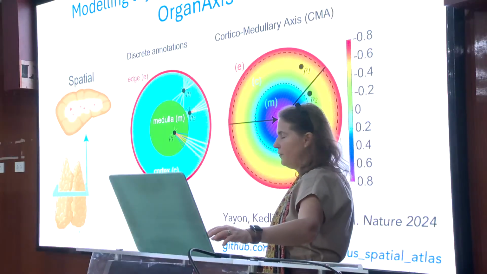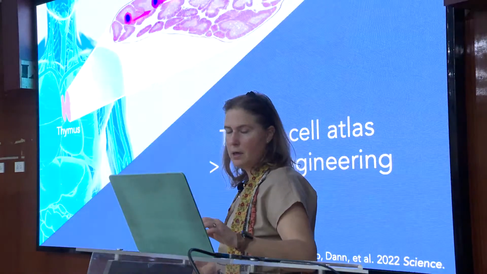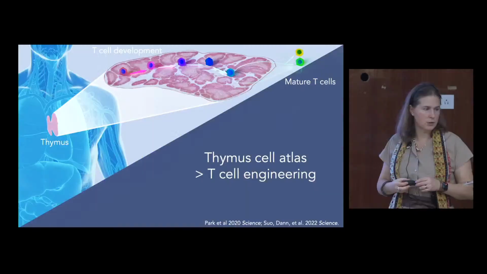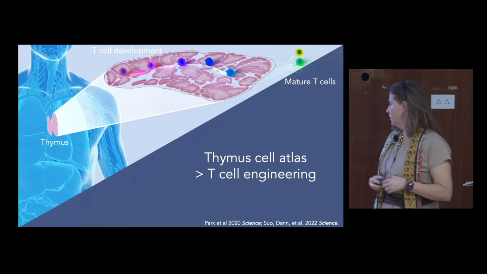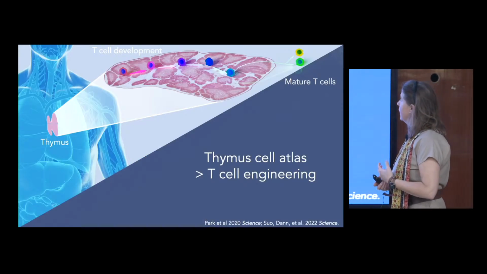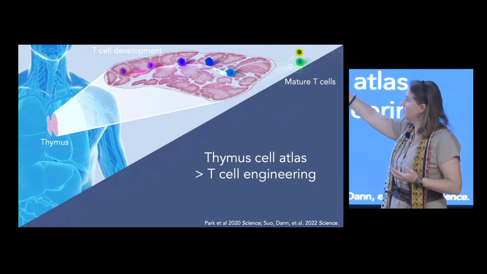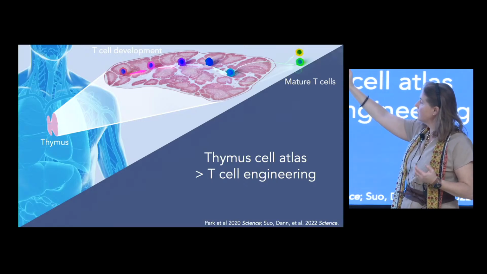So I want to finish by talking a little bit about applications of having this kind of detailed map with all the different tissue niches defined for the purpose of engineering cells. For the thymus, we have this thymus cell atlas, where we have the detailed information about how T cells are maturing.